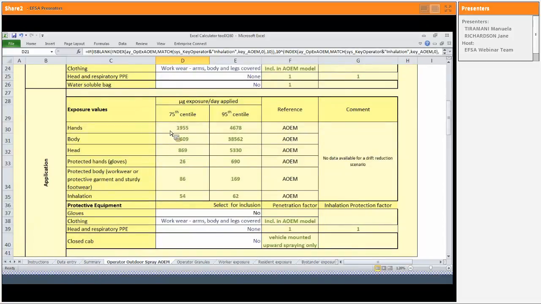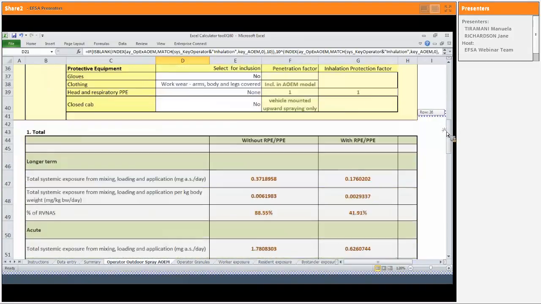We have the hands, body and head without any protection, and then with protection considering gloves and workwear. So here, certainly for the hand and body exposure, we don't use penetration factors. We actually use the values that they were able to estimate from the model.